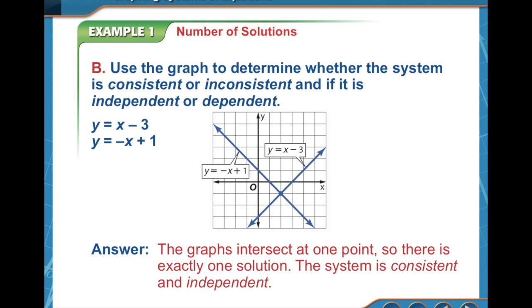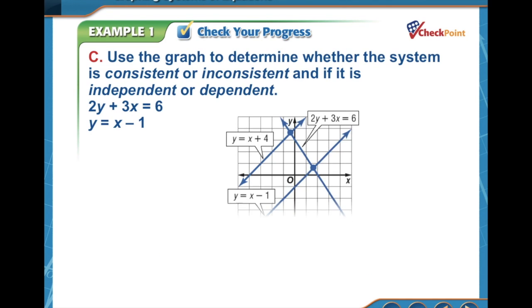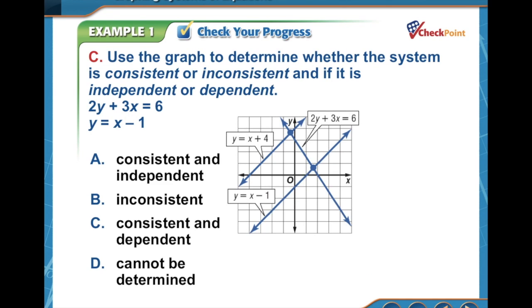We're rocking and rolling. We're working through these materials, getting started with our second semester on the right foot. Now here's 1C. So you see we have a lot going on in this problem. So as we're getting down our image, let's think about what we're asked. So use the graph to determine whether the system is consistent or inconsistent, and if it is independent or dependent.